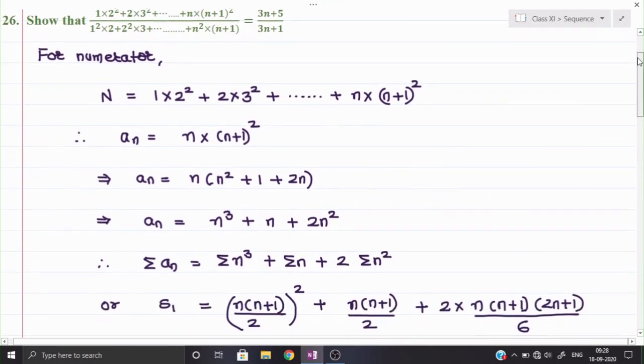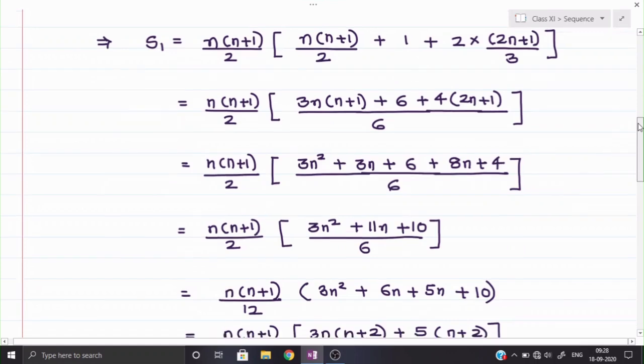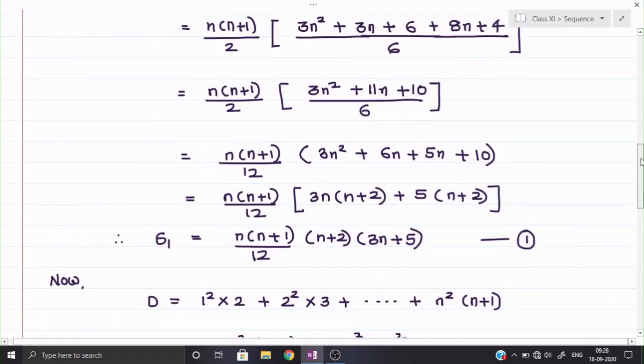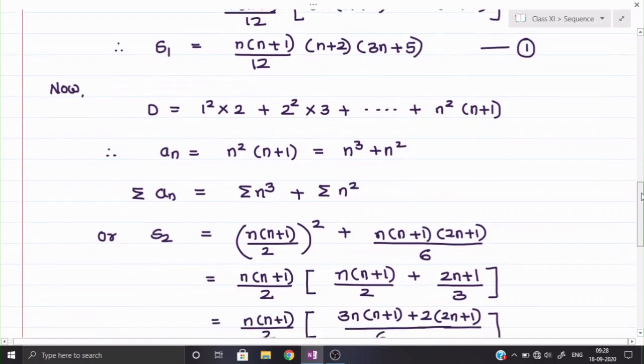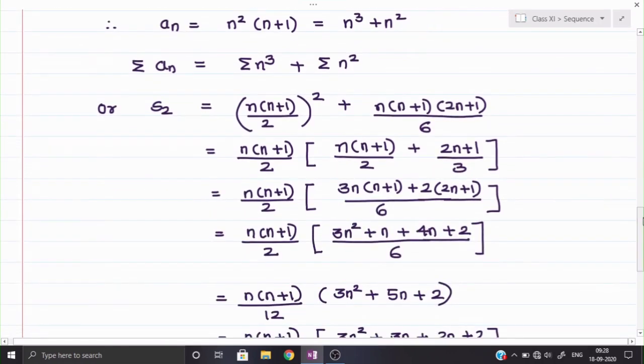Okay, so n square I have multiplied inside, so this will become n cube. n into n plus 1 upon 2, and if I take n into n plus 1 upon 2 common, remaining is 2n plus 1 upon 3. That is correct. And 6 I am taking as the LCM.